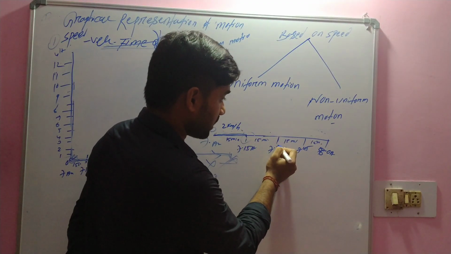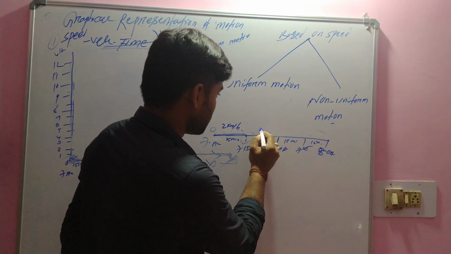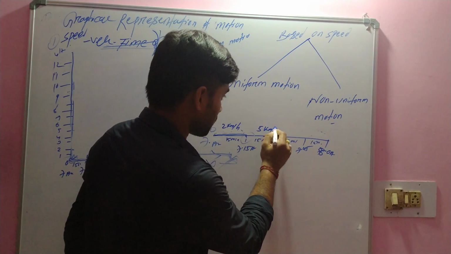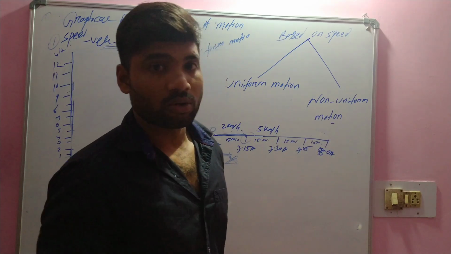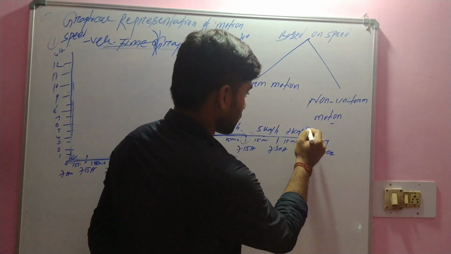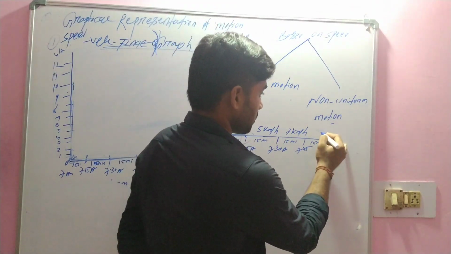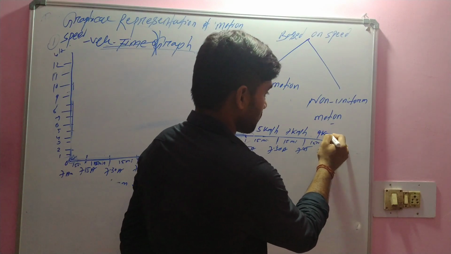Then at 7:30 a.m., he saw his speed is 5 km per hour. Then after 15 minutes, his speed changes again. It becomes 7 km per hour. At 8 a.m., he saw his speed is 9 km per hour.